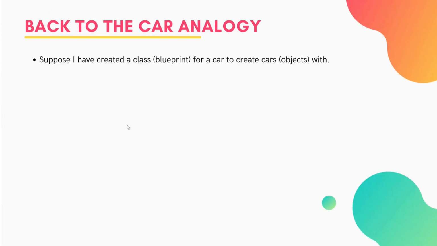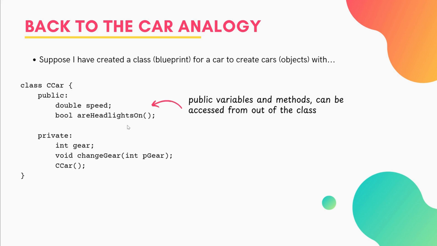So back to the car analogy, and suppose I've created a class. You remember when we looked at classes before, we said they're like the blueprint for creating a car, which is the object. So we create our class car here. We've got our public variables and functions here. We've got our private variables and functions here, which can only be used within the car class.